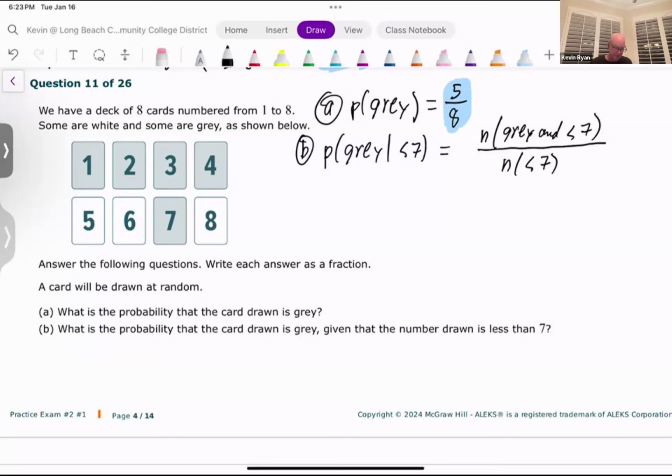How many gray numbers are less than 7? I'm only seeing 4. And how many numbers are less than 7? 6 of them are. And once again, you can reduce that if you'd like, but it's not necessary. So you could put 2/3 if you want. Yeah, keep an eye out for those givens scenarios.